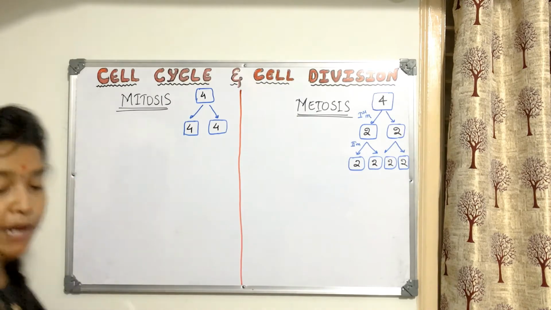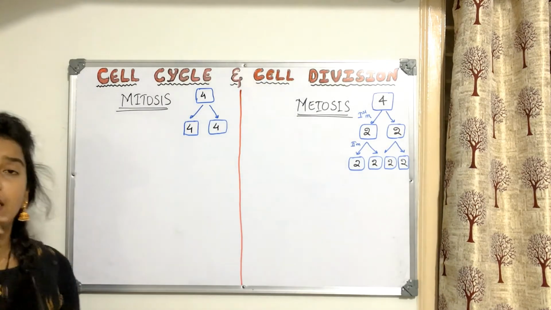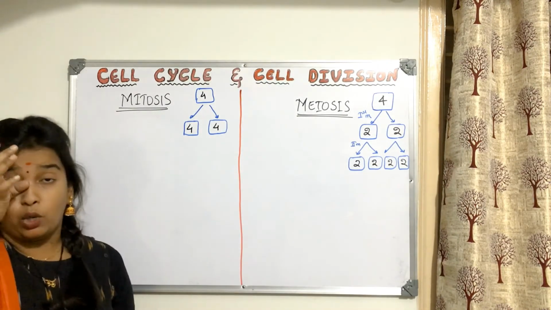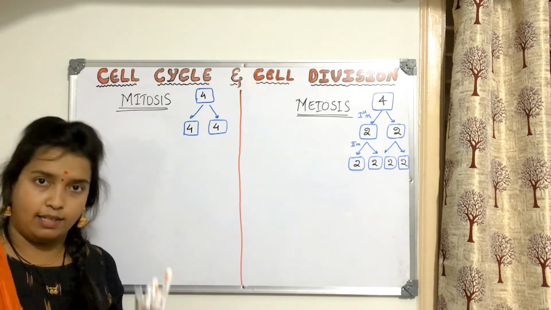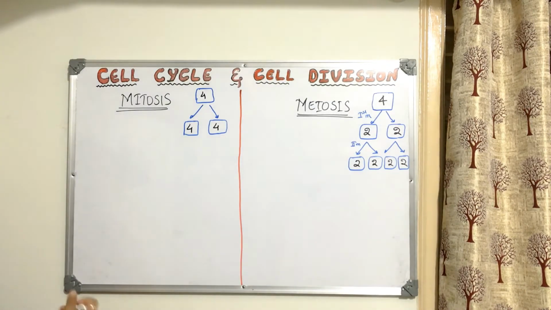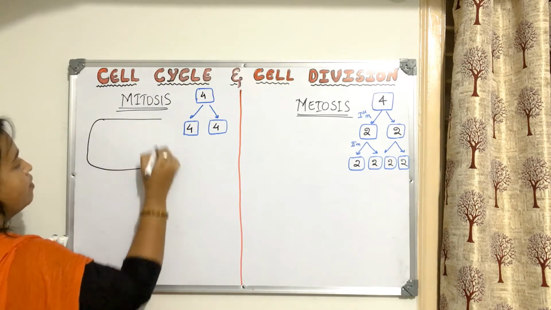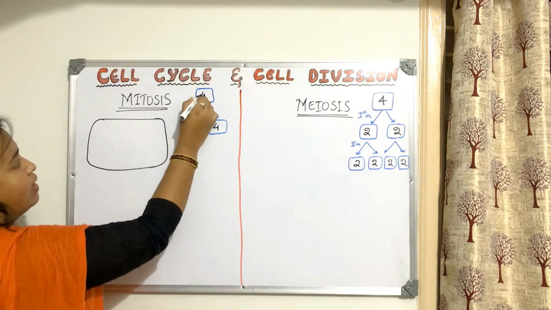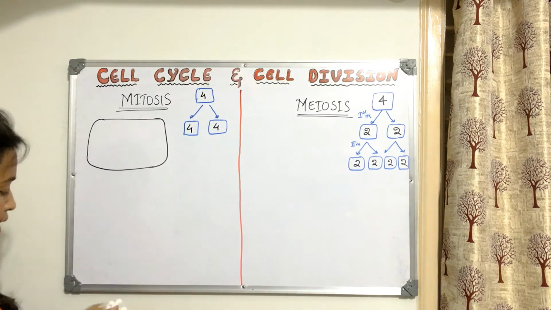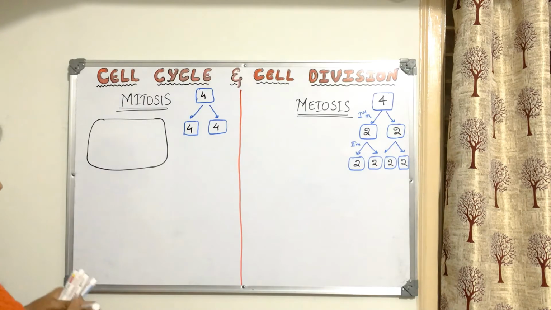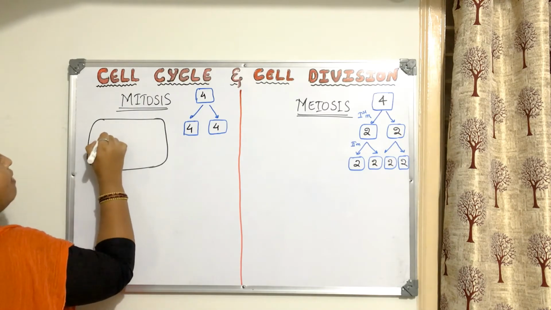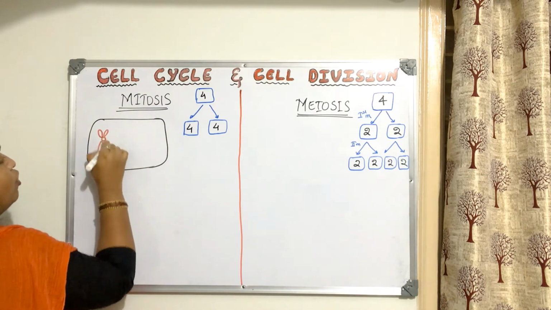Explaining mitosis and meiosis together is important, so you will understand the difference easily. I'll draw it a little bigger like this. This is the cell. Which cell is it? This one. How many chromosomes are there? 4 chromosomes, so it will have 4 chromosomes.